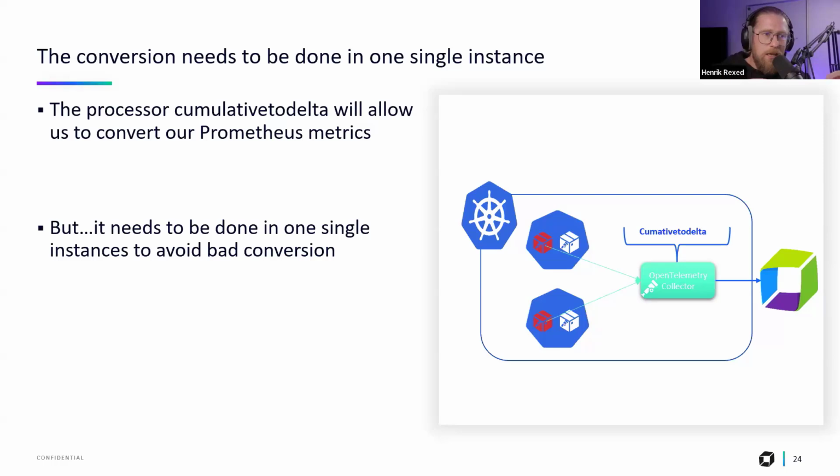And at the end, the metric arrives in Dynatrace with a value that is completely wrong compared to the source of the metric. And then you will build SLOs, alerts, and workflows, and you're basically relying on something completely wrong and not converted properly. So if you do conversion, try to do it on one single instance to avoid those bad conversions.